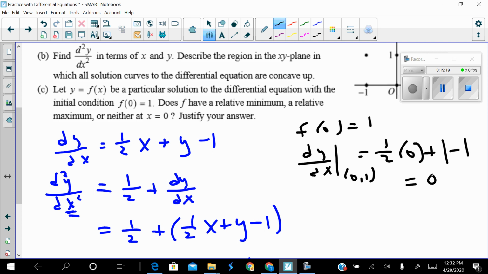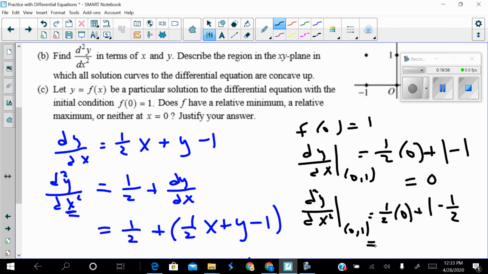So we have no idea what this function looks like, but we know that the first derivative, the slope of the tangent there, is 0. Now let's see what the second derivative is at that point. We plug it in: 1/2 times 0 plus y, so plus 1, and then minus 1/2. When we combine like terms, we get 1/2.